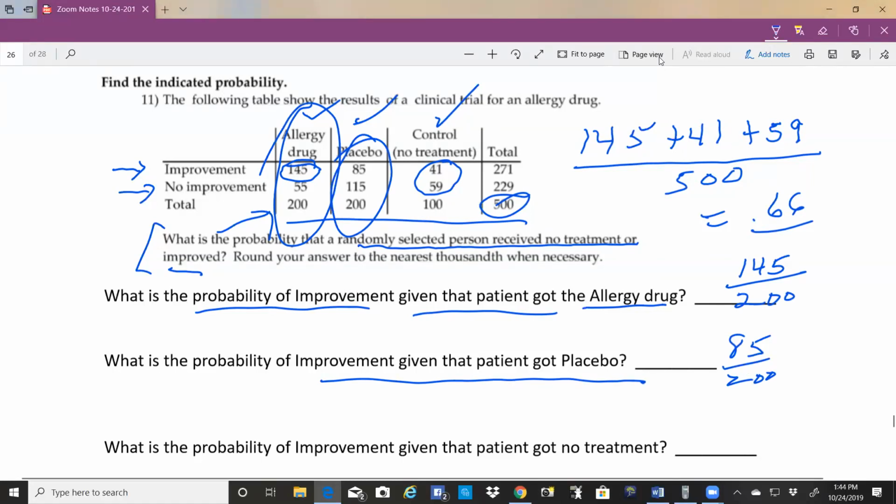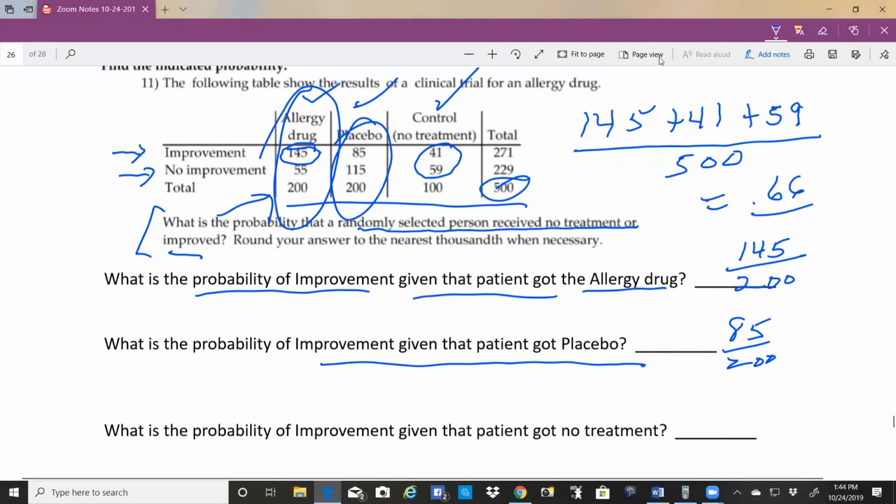And the interesting thing is, the probability of improvement given that the patient got no treatment is 41 out of 100, which is the same as 82 out of 200. This is sort of interesting.